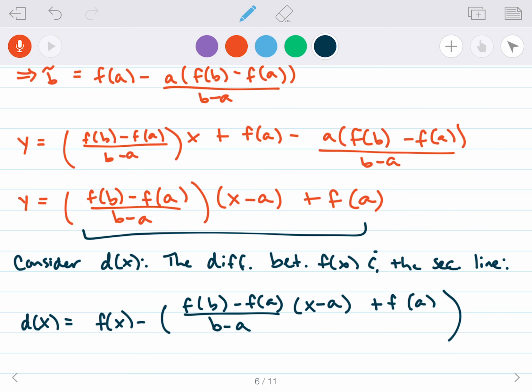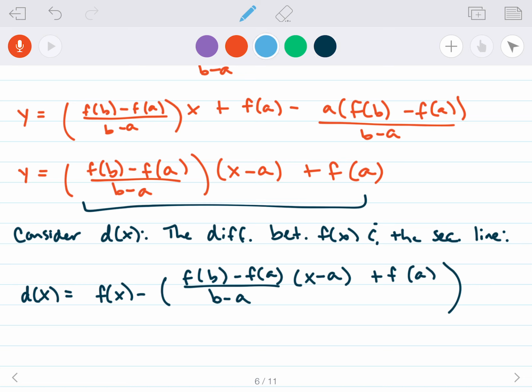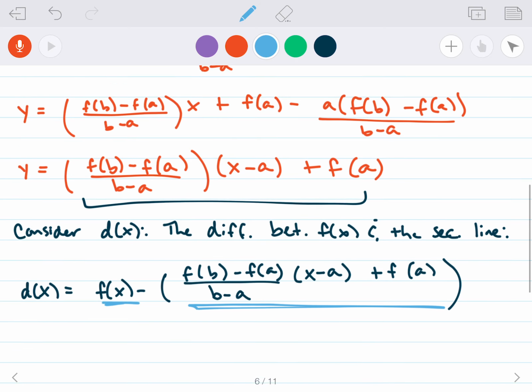Okay, and so what can we note here? Well, by hypothesis, f was differentiable on (a, b), and we know that linear functions, lines, are differentiable everywhere. And so the difference between two differentiable functions is also going to be differentiable on (a, b).